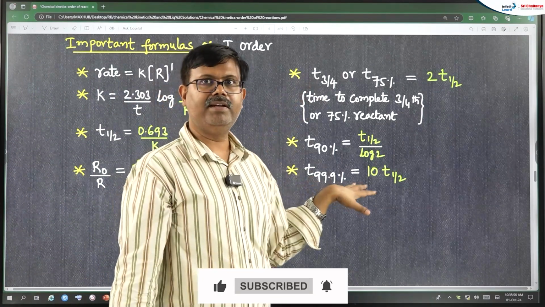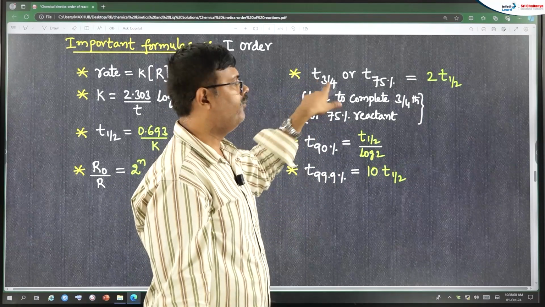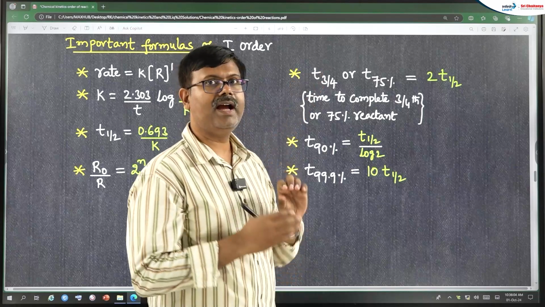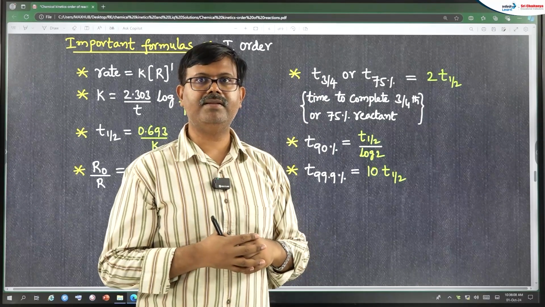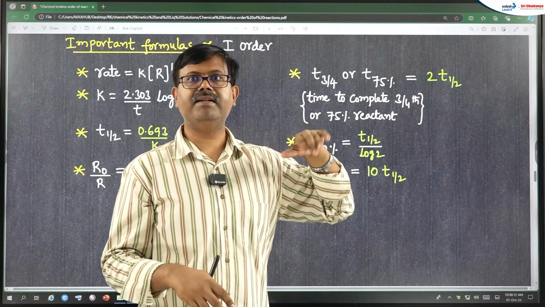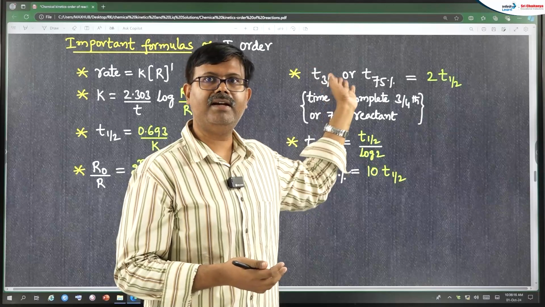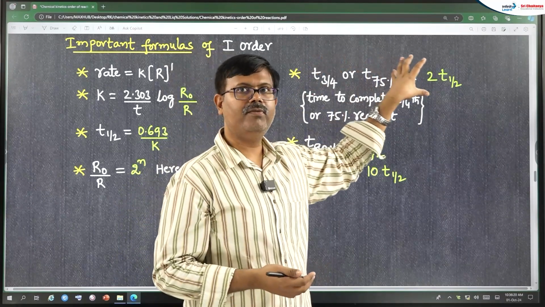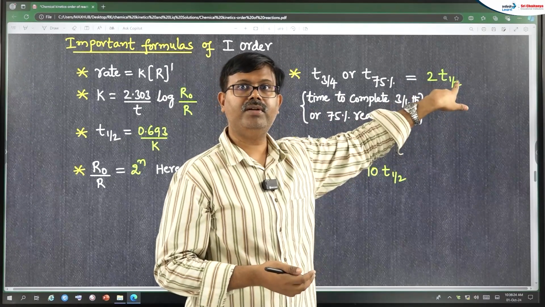We will see some application of that formula in the next page. Next, t 3/4. t 3/4 means 3/4 of the reactant is reacted. 3/4 reacted means we can say 75% of the reactant is reacted. Both mean the same. The simple formula for this is 2 times t half.